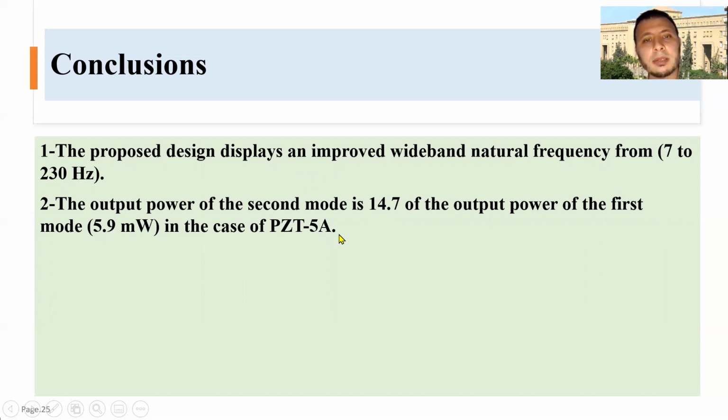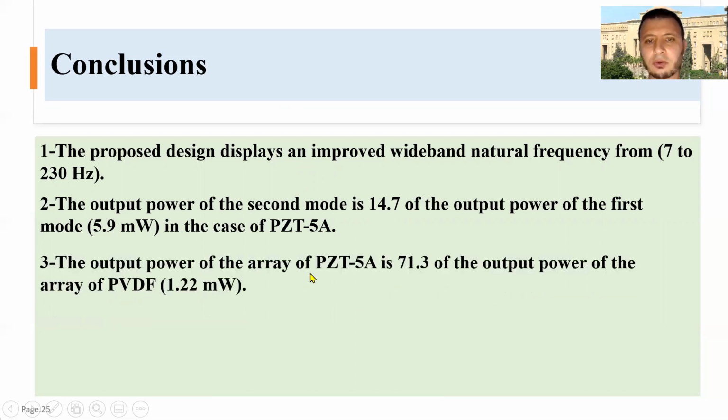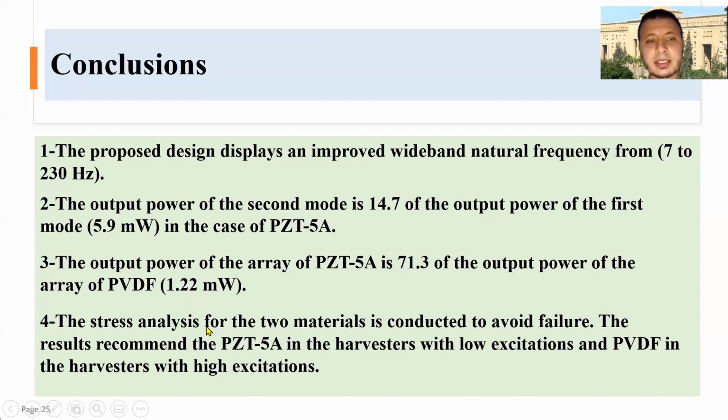In the case of PZT-5A, the output power of the array of PZT-5A is 71.3 times the output power of the array of PVDF, 1.22 milliwatt. The stress analysis for the two materials is conducted to avoid failure. The results recommend PZT-5A in harvesters with low excitations and PVDF in harvesters with high excitation.